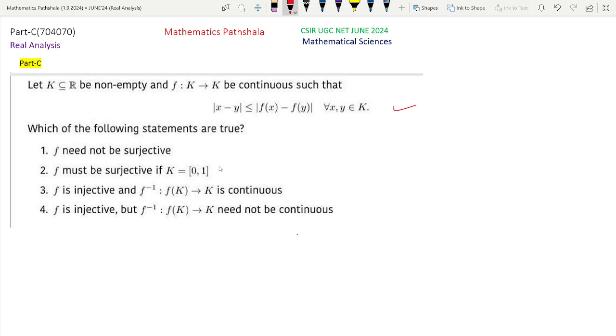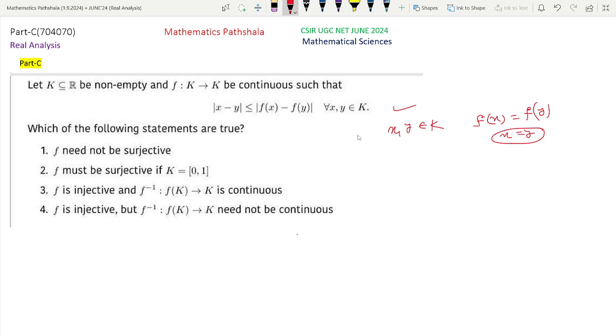Option 1 says that f need not be surjective. So first we will examine whether f is injective or not. For this, simply we take x, y belongs to K such that f(x) equal to f(y). Then we will check if x equal to y or not.